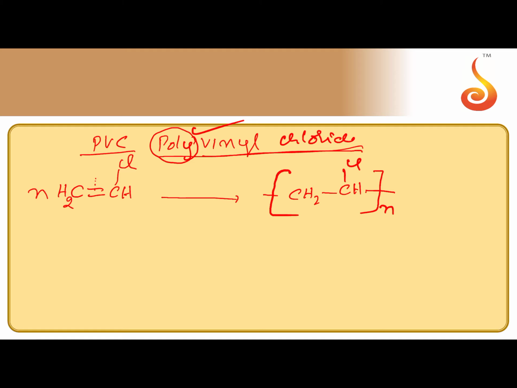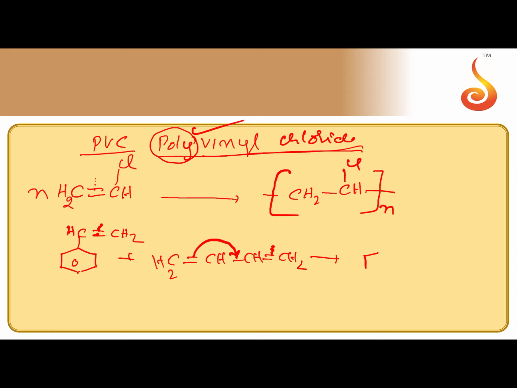Next, a copolymer: Buna-S rubber, made from styrene, phenylethene is called styrene, and 1,3-butadiene. So this is a copolymer. First you break the pi bond in styrene, and you shift the pi bond and break another pi bond in the 1,3-butadiene.